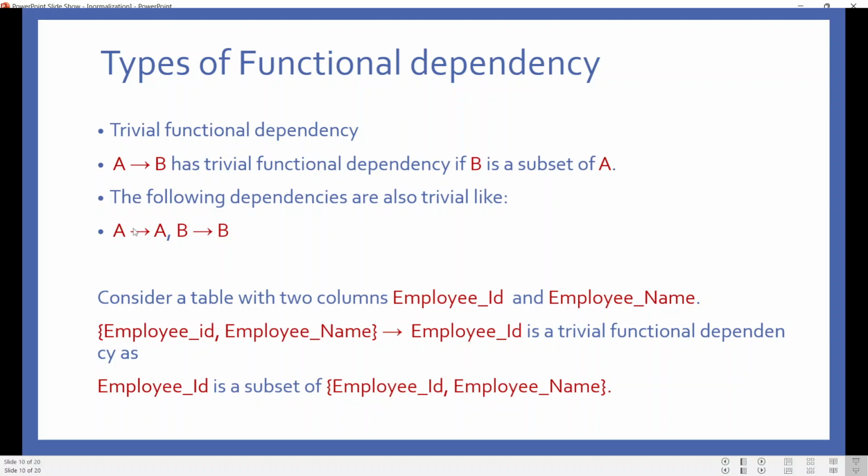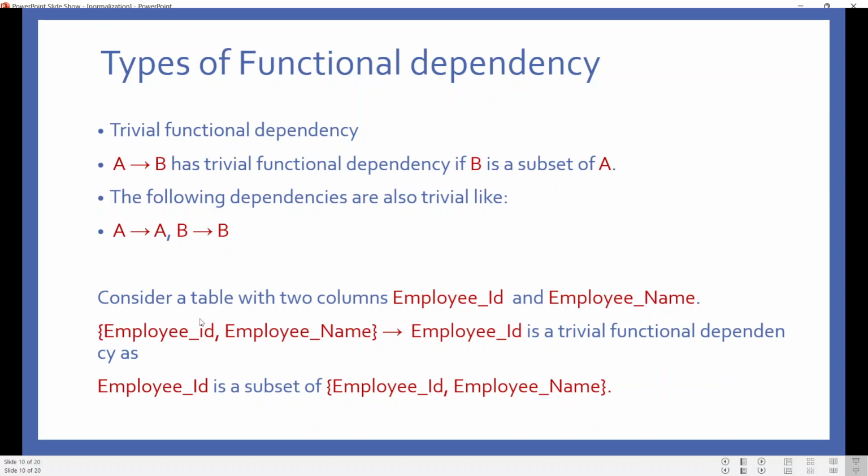Another one is A determines A, B determines B. B is functionally dependent on B, because from knowing the value of B, you can determine B itself. So that is also a trivial functional dependency. For example, you have two columns, employee ID and employee name.